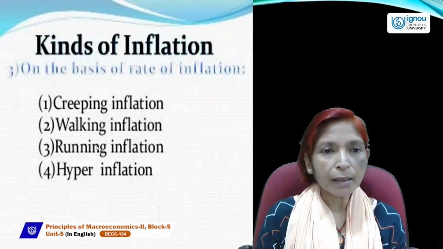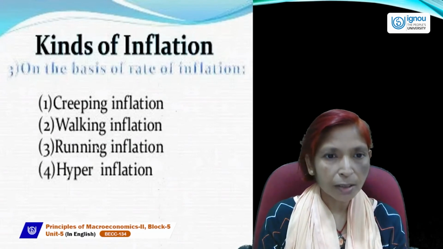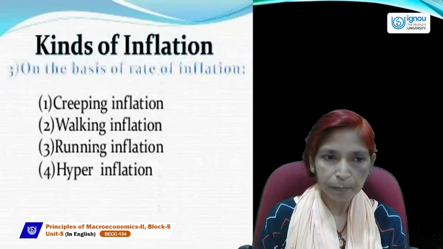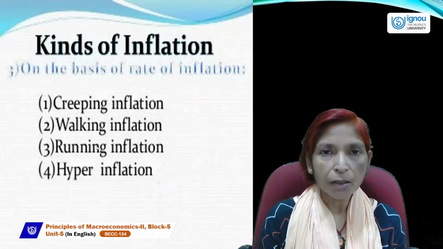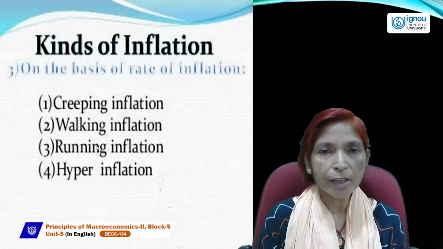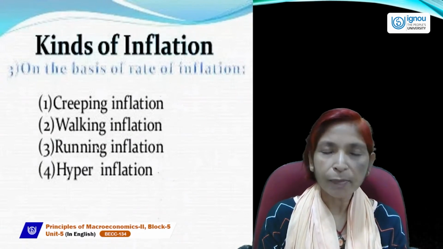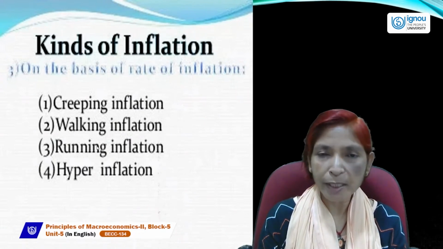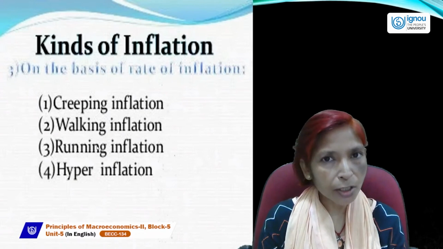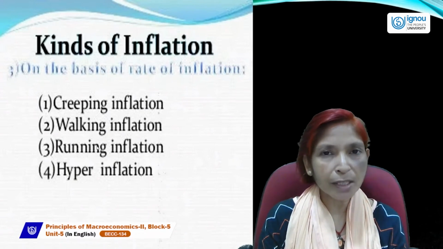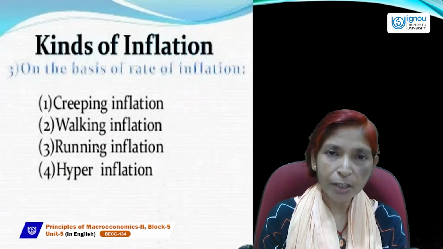So these are the kinds of inflation on the basis of the rate of inflation. We can explain all these kinds with the help of a certain range or rate of inflation. If price rises from 2 to 3%, that is creeping inflation. If price increases from 6 to 8%, in between this range, that is walking inflation.